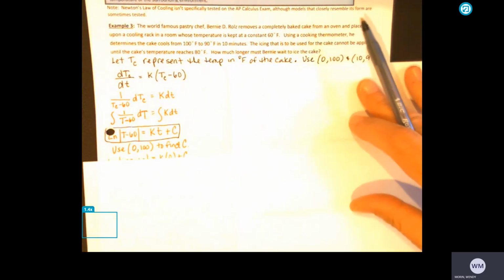So this is the natural log of the absolute value of T minus 60 equals K times t plus C. So then what do we do? We use our first point, just like we did before, go ahead and use your first point to find your C.